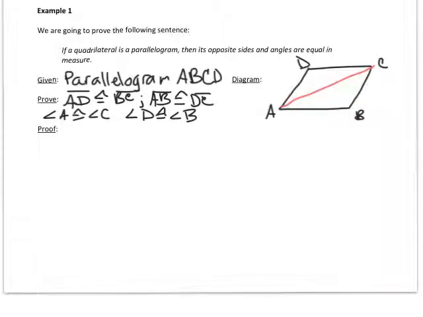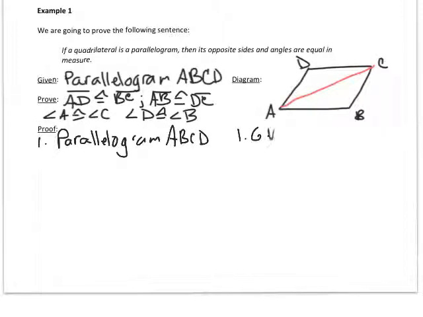So let's do this. Let's write down our given. Our given is easy. It's just parallelogram ABCD. So I know it's a parallelogram, which means I'm going to use the fact that opposite sides are parallel. That's the definition of a parallelogram. And then we'll prove all these other facts. So there's our given. Okay.